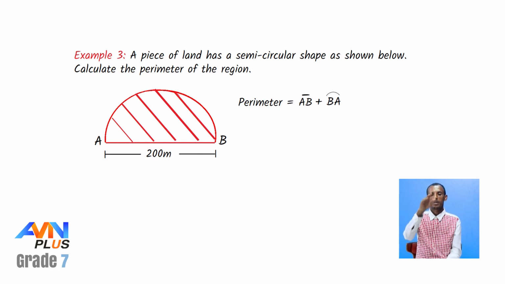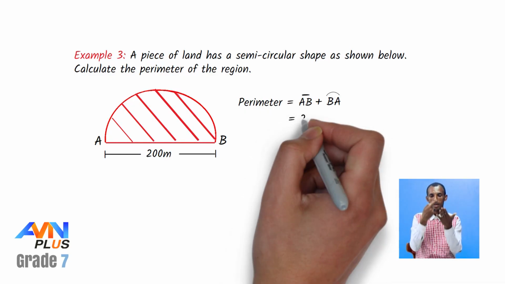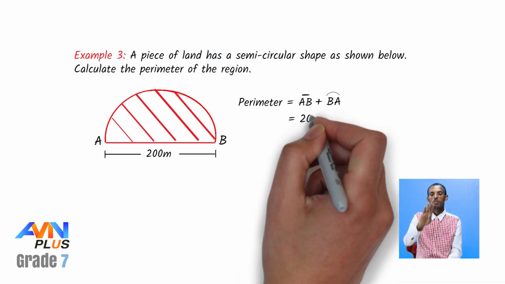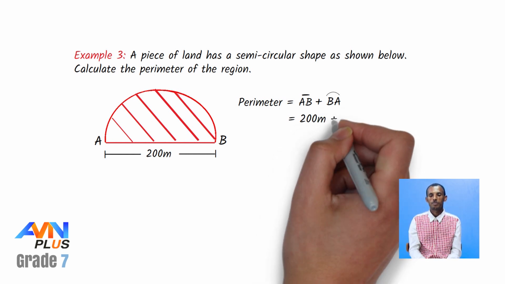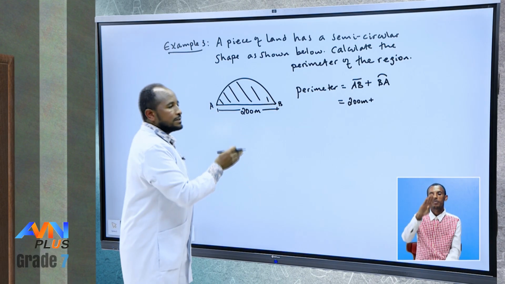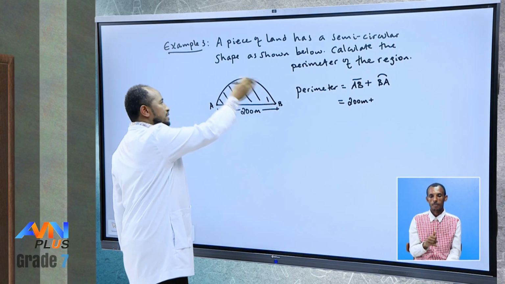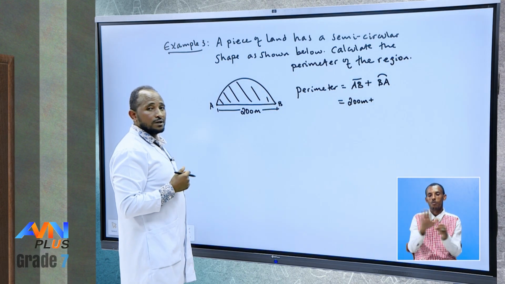BA is this semicircle, arc BA. Now, the length AB, as you can see, is 200 meter. So 200 meter plus BA, this BA is a circumference which is half of a circle.